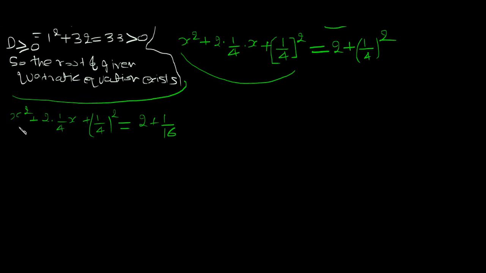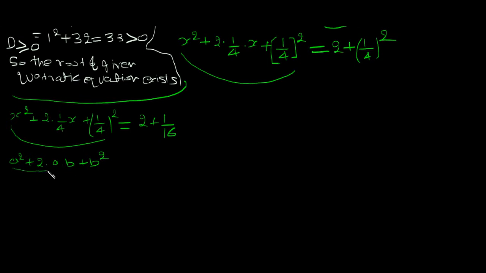Now if you see this term very clearly, this is a form of equation a square plus 2ab plus b square. Here my a is x and b is 1 by 4. See, x square plus 2 into a into b, 2 into x into 1 by 4, and 1 by 4 square, right?